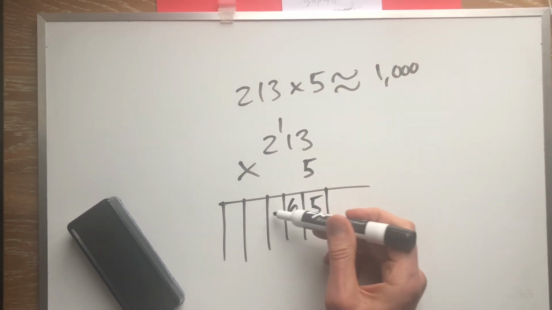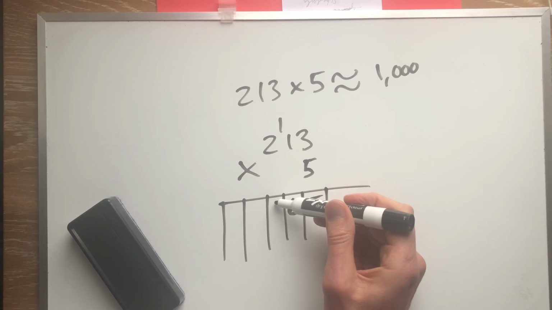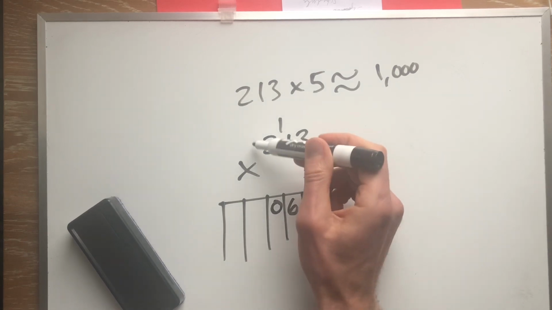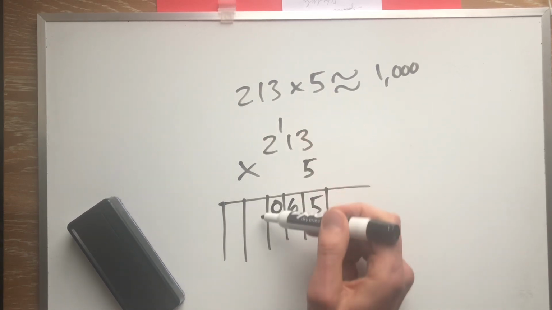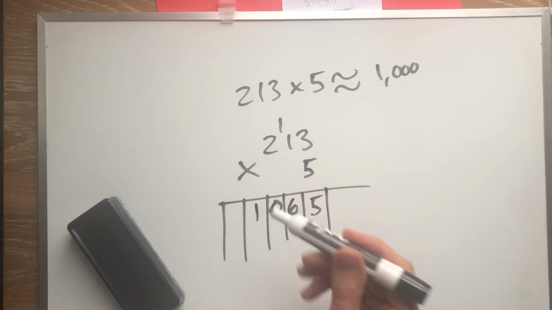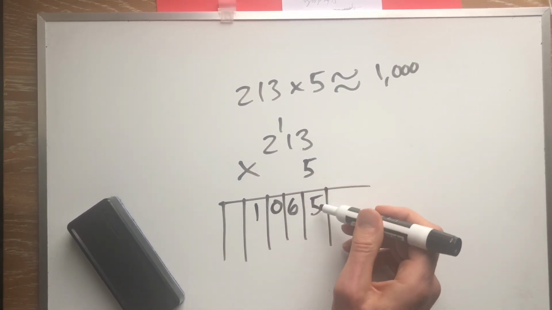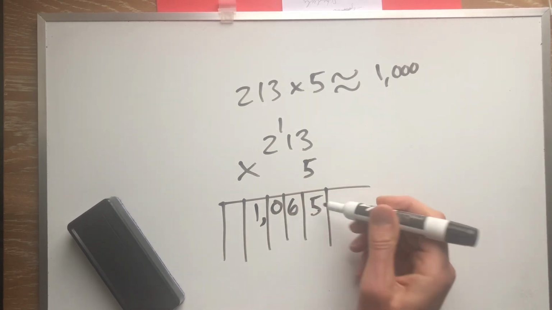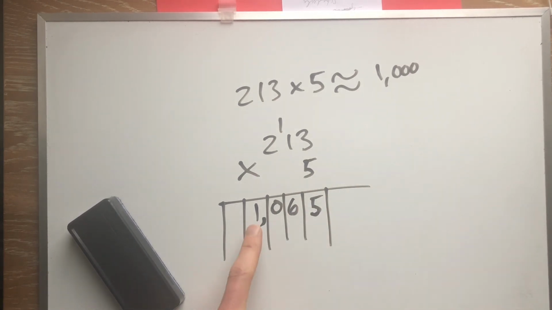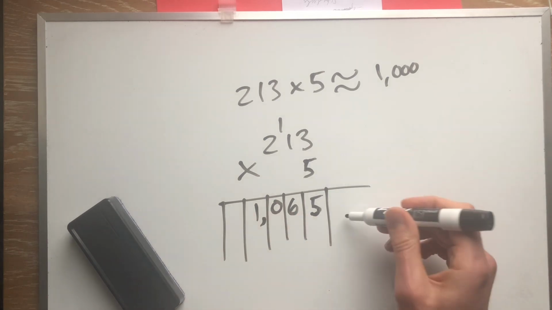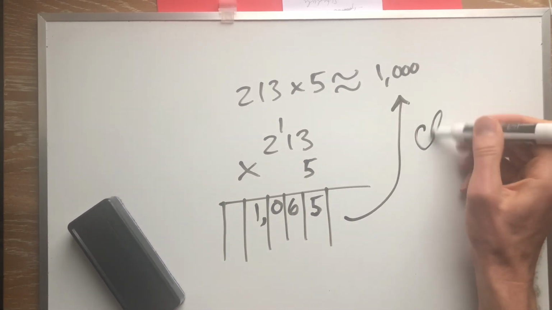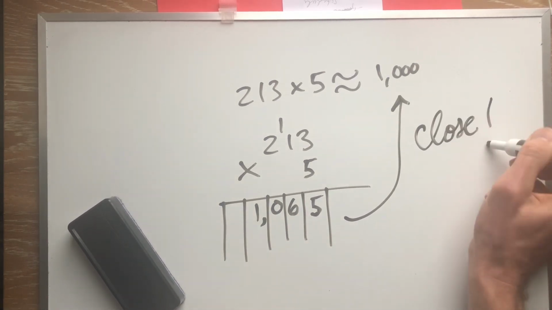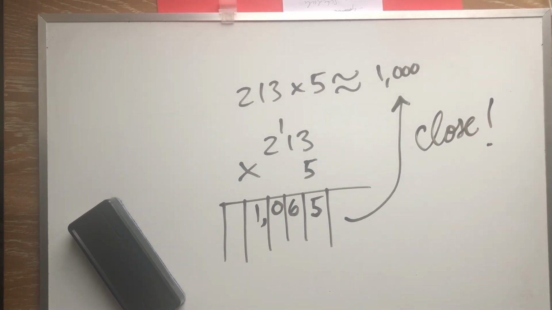No, we don't squeeze 10 in there. We put the 0 here, and notice there's nothing left to multiply, so the 1 just goes right down in there, and it fits in perfectly. And then we count over ones, tens, hundreds, and we do the comma before the thousands. So our answer was 1,065, which is very close.